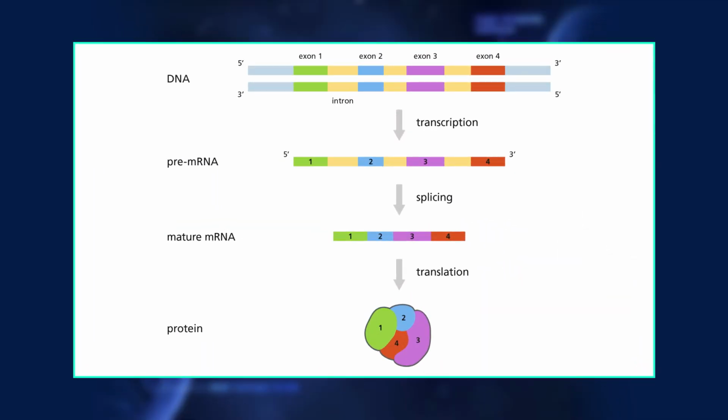RNA splicing ultimately determines what part of the sequence becomes translated and expressed, and this process involves cutting out introns and putting together exons.